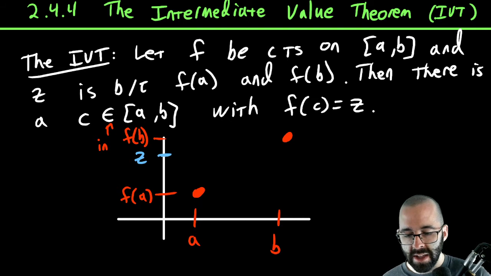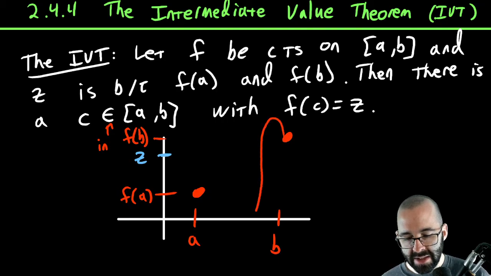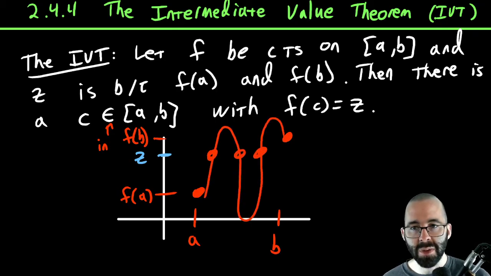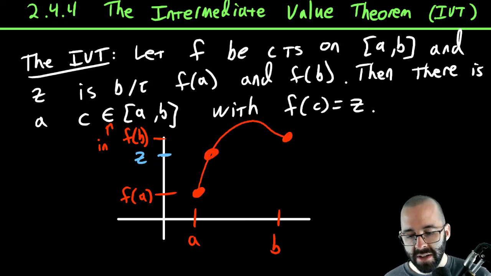In other words, if this function's continuous, I don't know how they're connected, but eventually there's a point with that y value. Maybe it's connected like this. Maybe there's multiple points with that y value. Maybe there's multiple c. There could be multiple. Again, if it's continuous, we have to have a y value at z sometime.